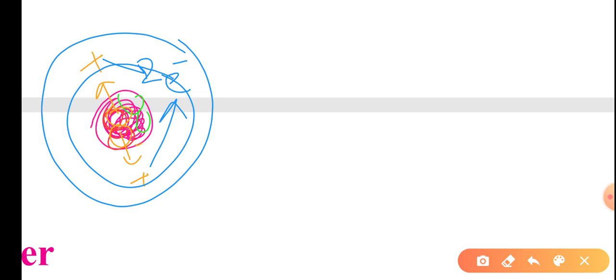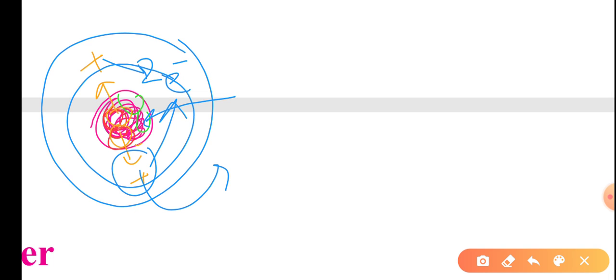This is a very attractive force from the nucleus, basically from the protons, to attract the electrons towards its center. This force is called the nuclear force of attraction.